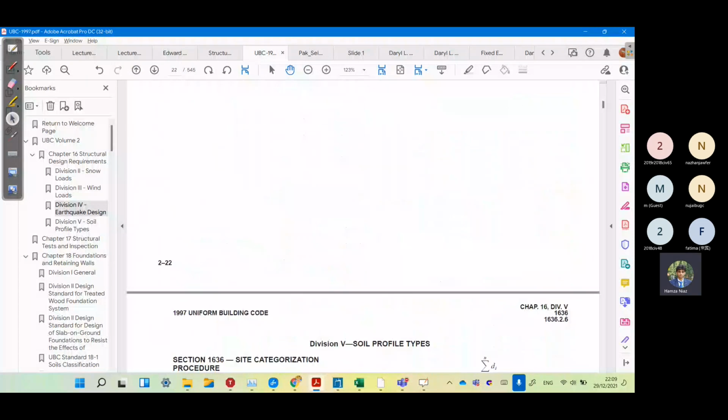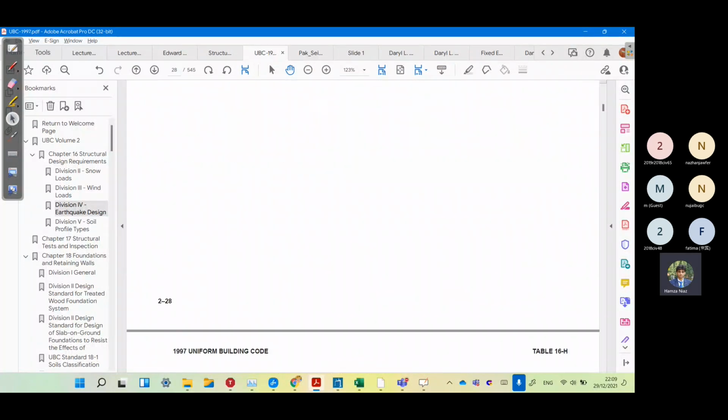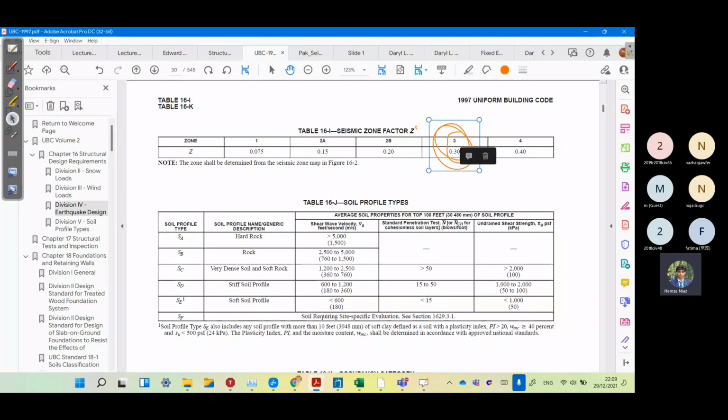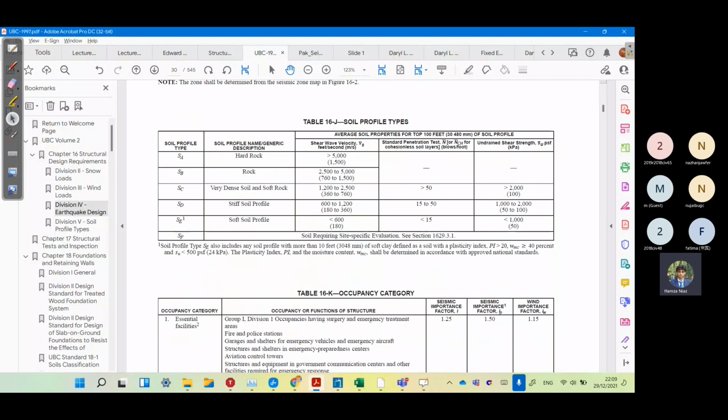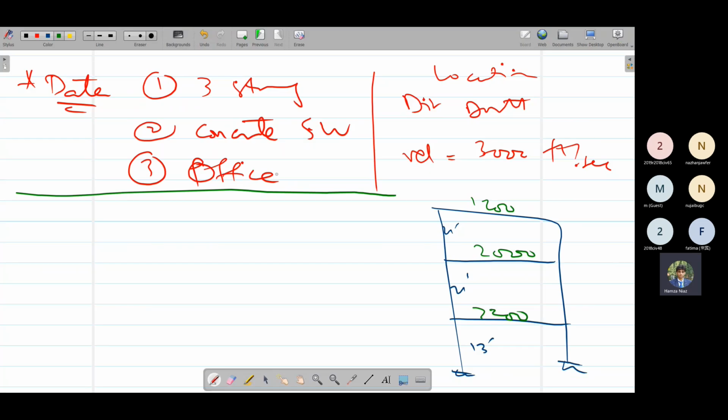You have to go to page number 30 of the UBC code. This is 29 and 30. From here we have to start. First we go for the occupancy category, that is, what is the importance of this building? As this is an office building, its importance factor is 1.